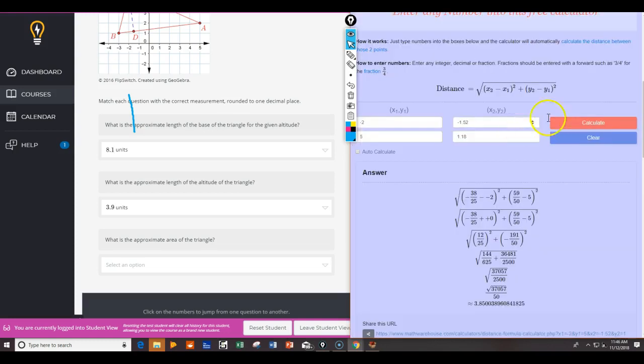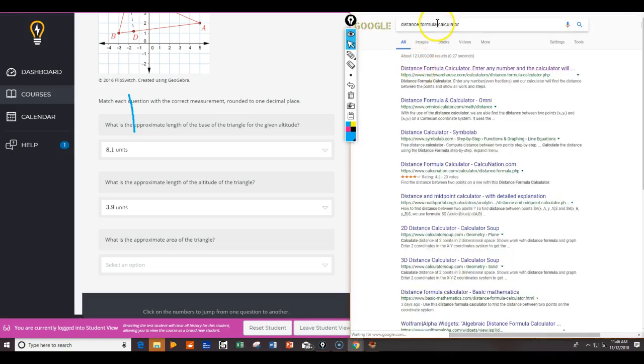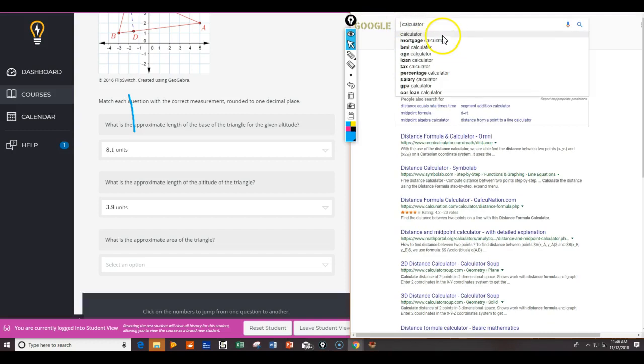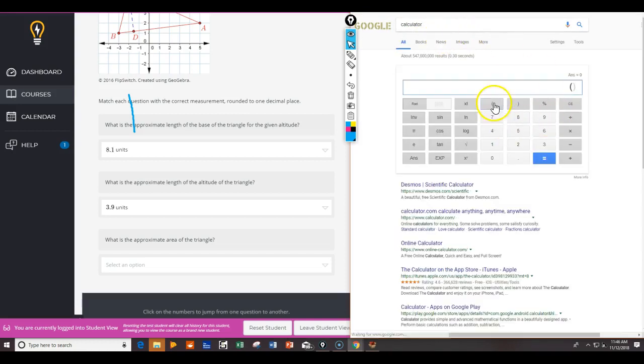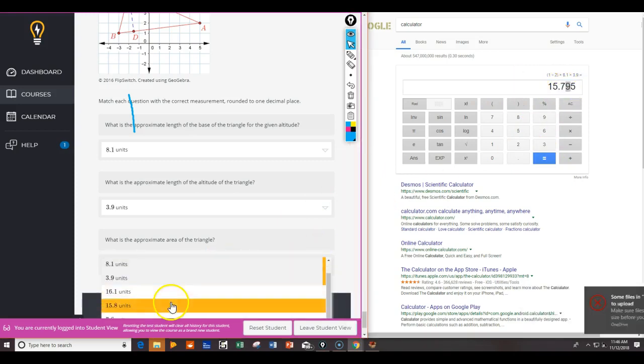So we would type in our regular calculator 1/2 times 8.1 times 3.9. That's the approximate. So this is 15.79, that 9 would round that 7 up to an 8. So 15.8 units.